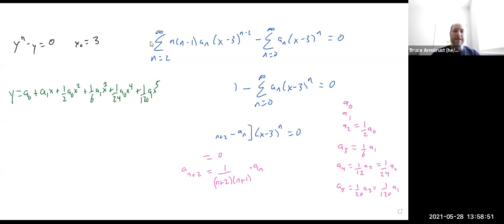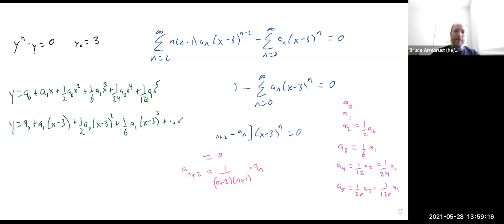Hold on a second. I don't have this quite right. Should be A naught plus A1 times (x minus 3) plus 1/2 A naught (x minus 3) squared plus 1/6 A1 (x minus 3) cubed, and so on down the line.